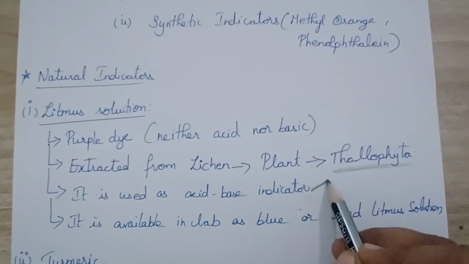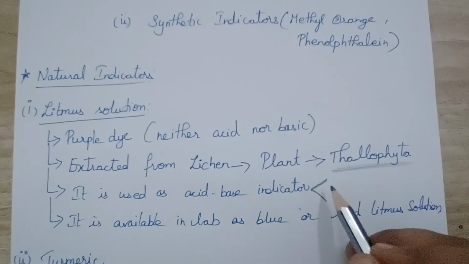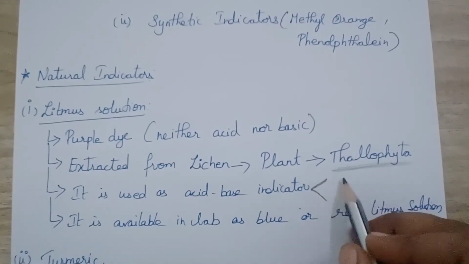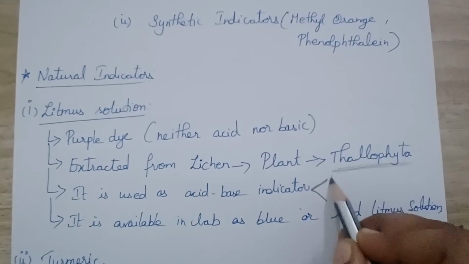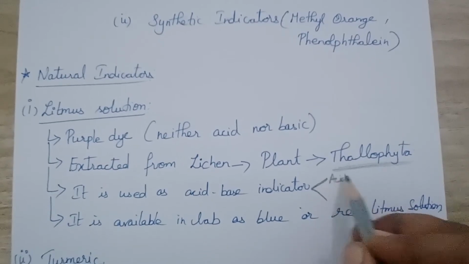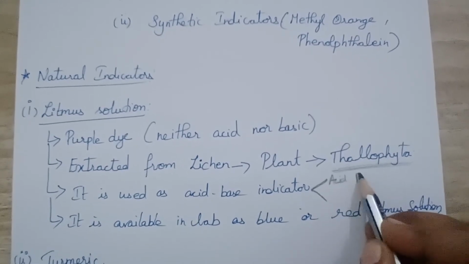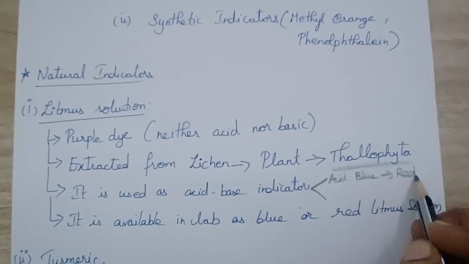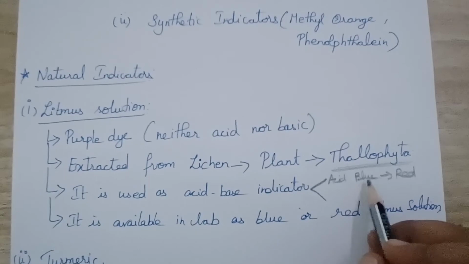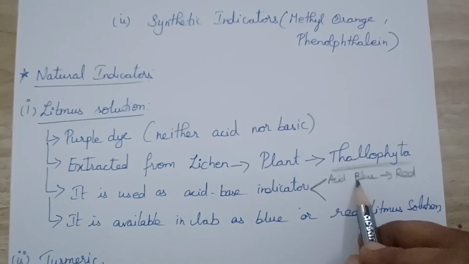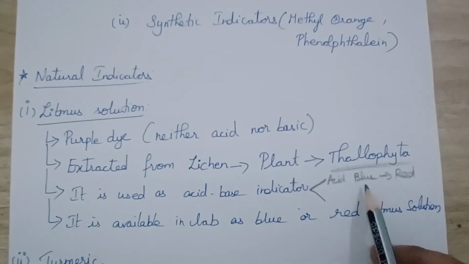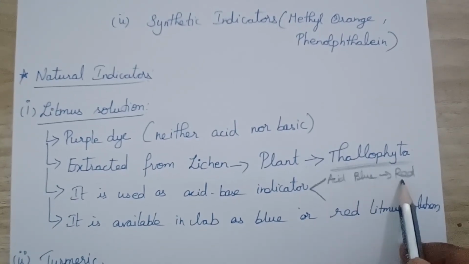In the lab, this purple dye is used to make litmus paper. Acid means it turns blue litmus paper red. In the lab they keep blue litmus solution or blue litmus paper, and when you dip it in acid, its color changes to red.